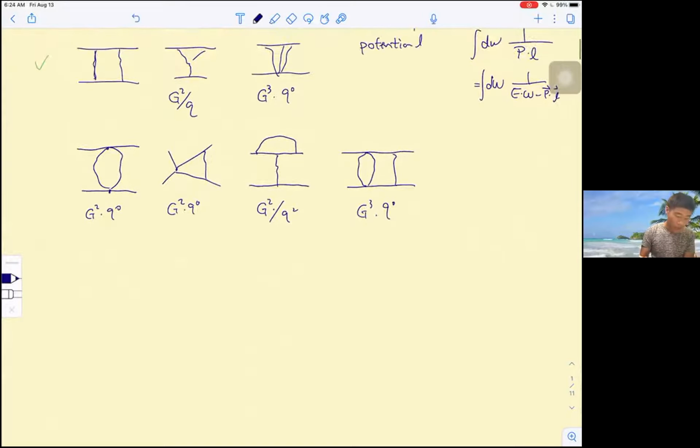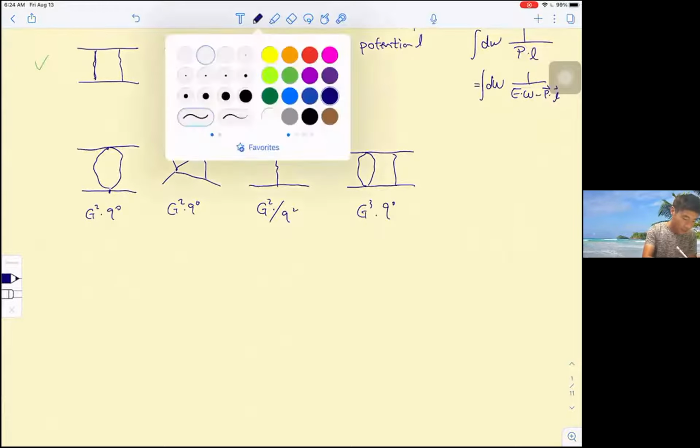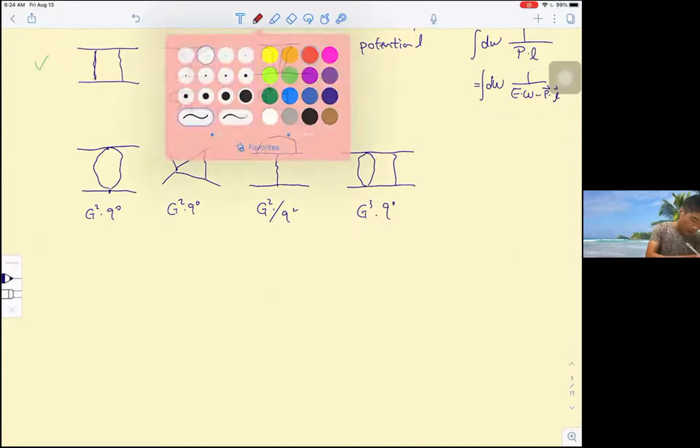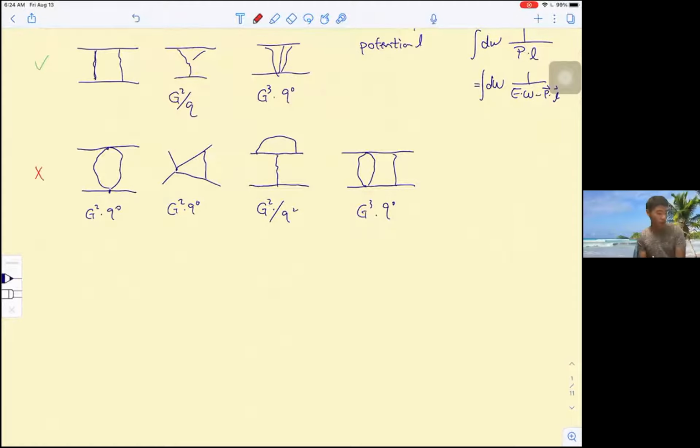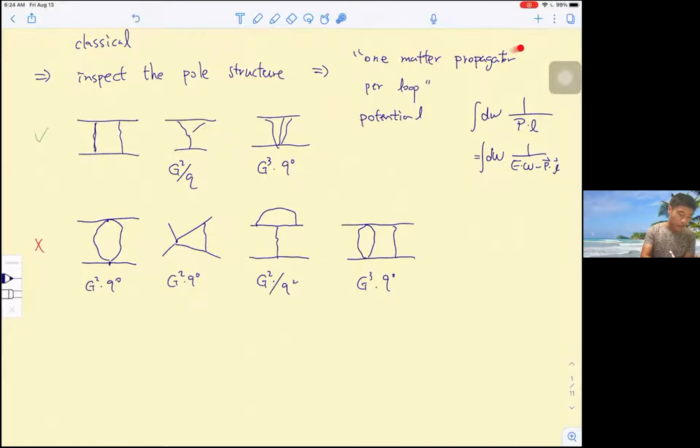So why do these diagrams in the end not contribute? First of all, if you look at this type of bubble diagram, it doesn't satisfy this rule of one matter line per loop, and that's why they don't contribute: the energy integral will integrate to 0. The same reason also applies to this iteration diagram.